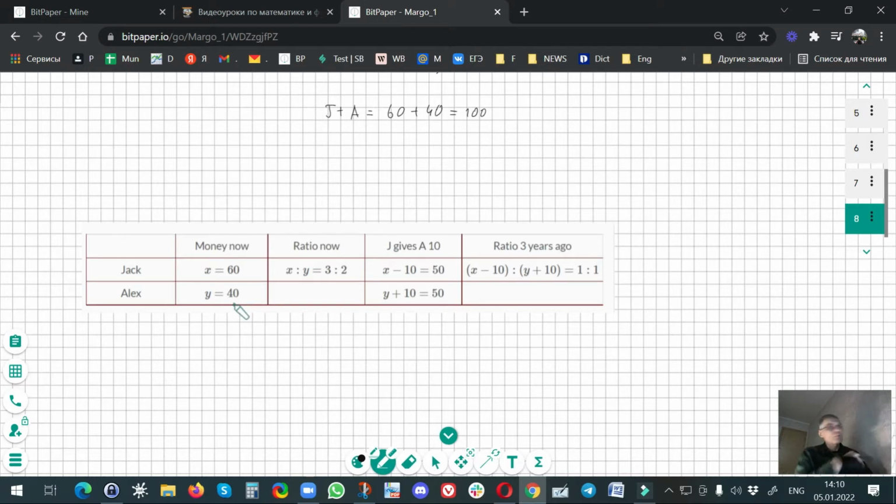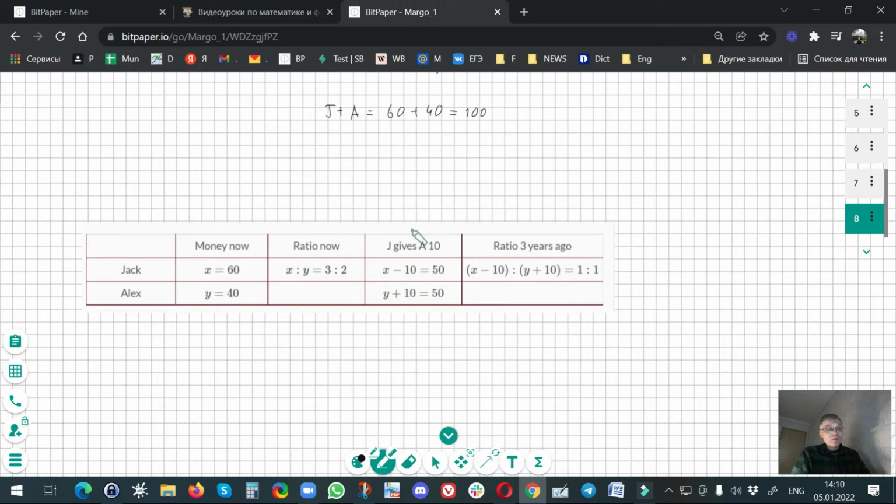They are going, for example, to the movies. The ratio now, at the moment when they are deciding to go to the movies, is x to y, 60 to 40, which gives me 3 to 2. And then they want to redistribute their money somehow.